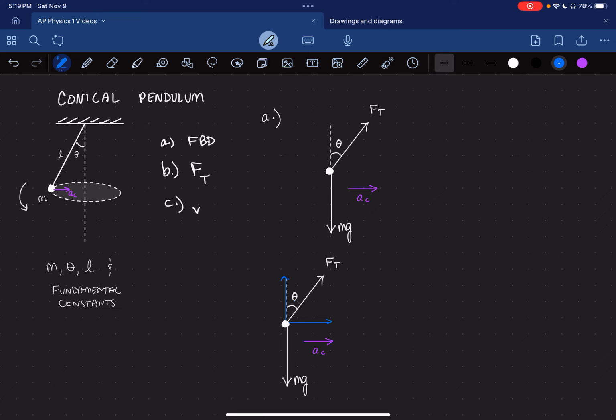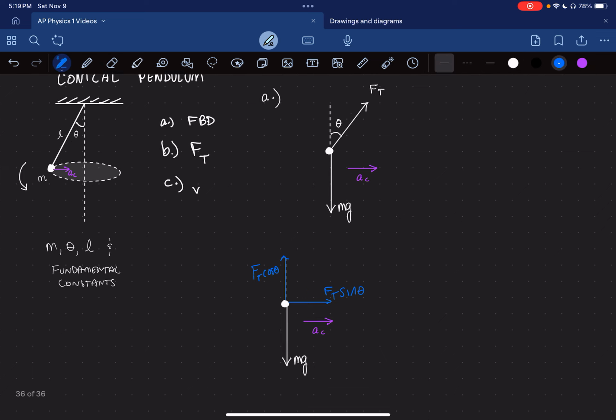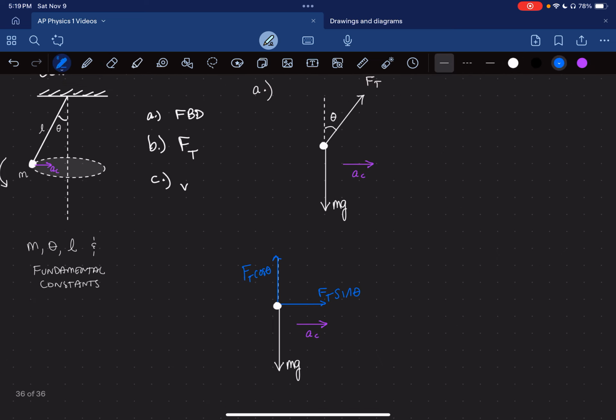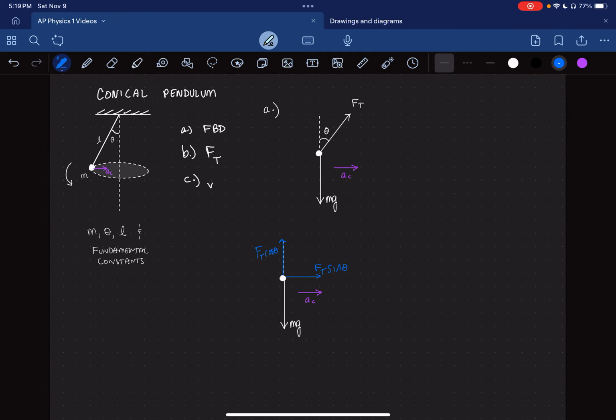So here's the angle theta. Since this is the adjacent to that angle, this is ft cosine theta, and this one will be ft sine theta. I don't want to have both. It's one or the other. Cool, looks good to me. We have two forces perpendicular to the centripetal acceleration, and we have a net force that is along with the centripetal acceleration there.